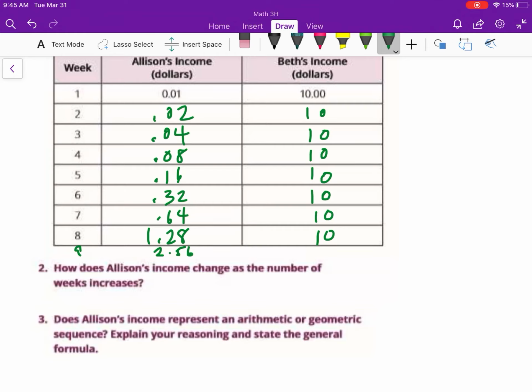Okay. So if we look at this, how does Allison's income change as the number of weeks increase? Well, as the weeks go up by 1, her amount is multiplied by 2. Should make sense as weeks.